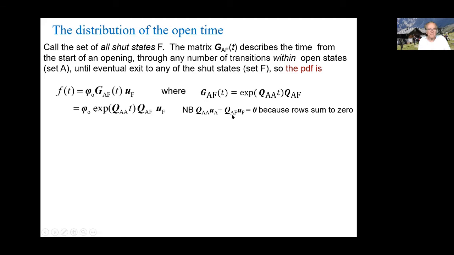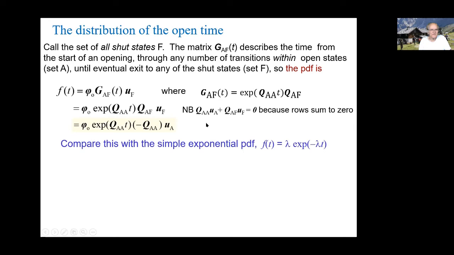And that means that QAF UF is equal to minus QAA UA, and we can write the distribution in that form. And that's neat because it has just the same form as a simple exponential probability function, f of t is lambda e to the minus lambda t, where minus QAA plays the part of lambda, the rate constant here.